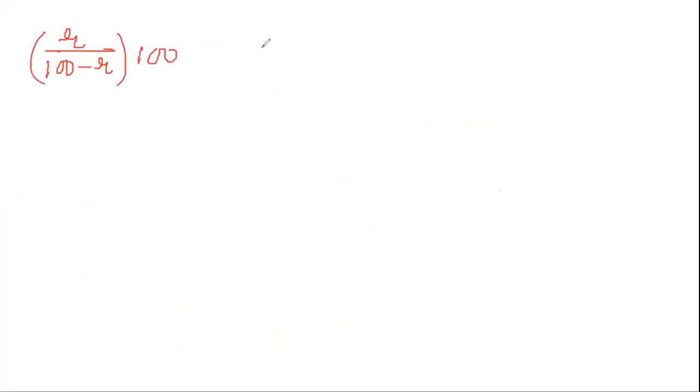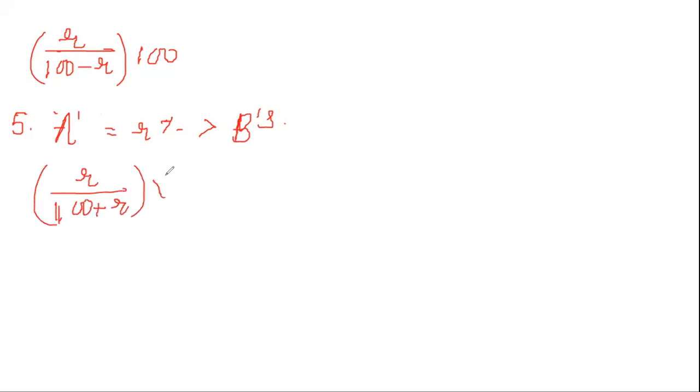It gives that percentage. Then while we are comparing the income of A and B, which formula we are using there? If A's income is R% more than B's income, then B's income is less than A's income by the formula R divided by 100 plus R into 100.